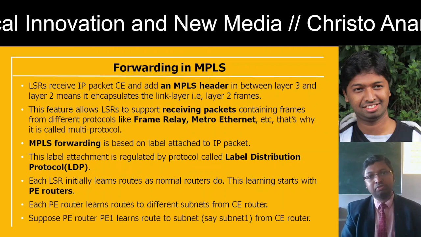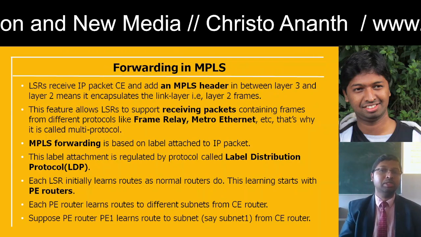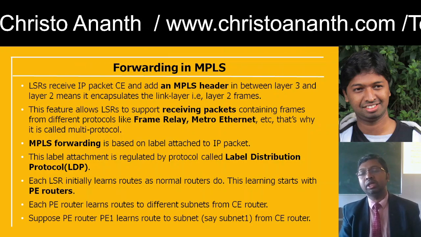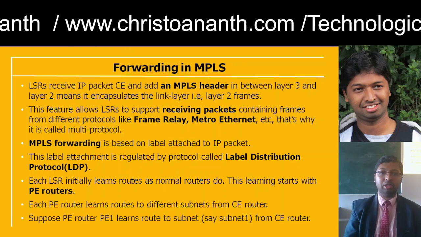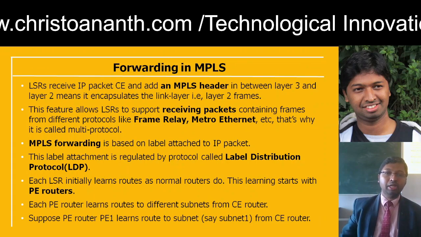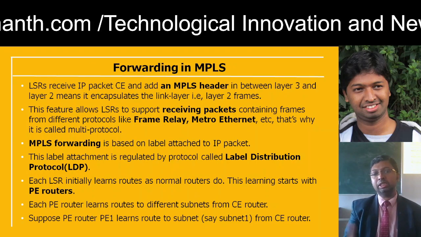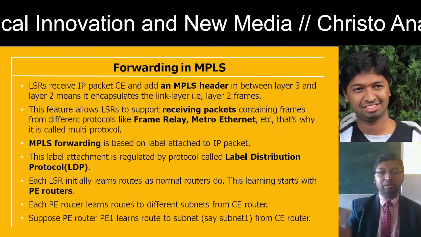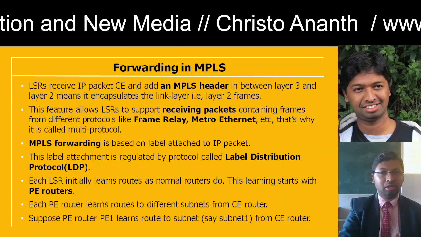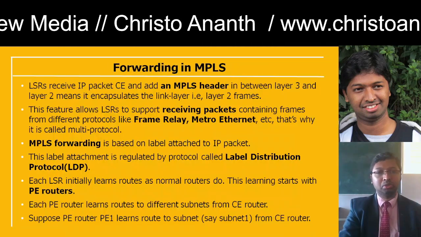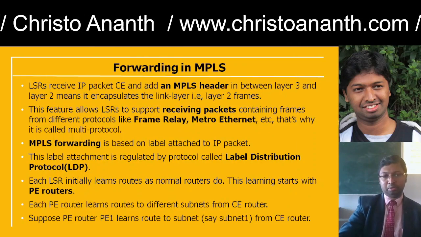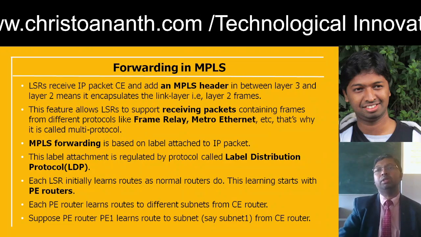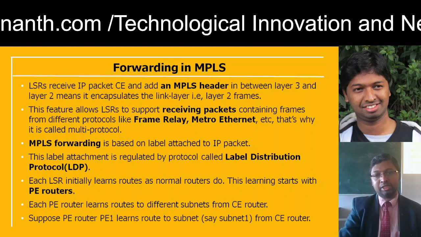Okay. So here MPLS forwarding is based on the label which is attached to the IP packet, and generally this label attachment is done by the label distribution protocol, LDP. So every LSR is going to learn the routes as normal routers do, and generally it will start out with the provider edge router. Every provider edge router is going to learn the routes to the different subnets from the customer edge router.